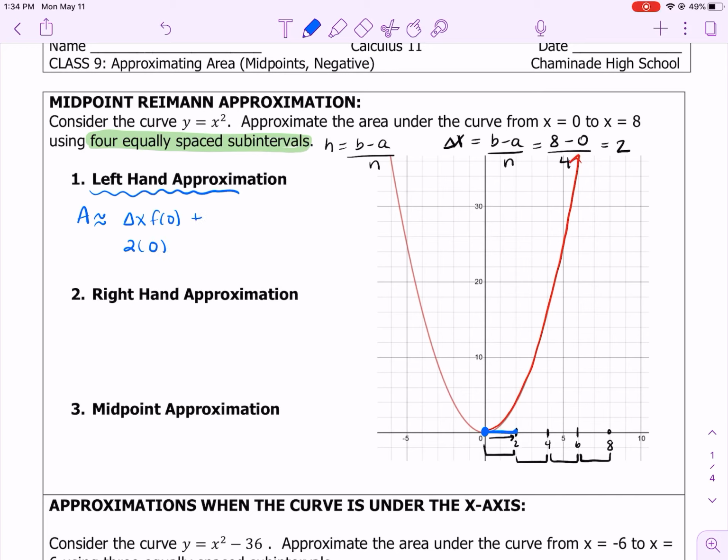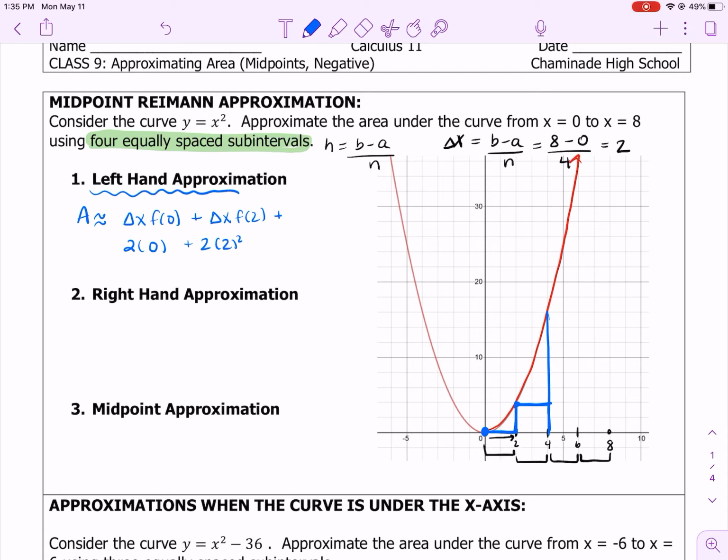We want to add on the value for our second rectangle. So notice here that rectangle, using the left endpoint approximation, we have another delta x times f of 2. So this is going to be 2 times 2 squared, which is 4, and we'll fill that in just a second. And we go to our next interval.